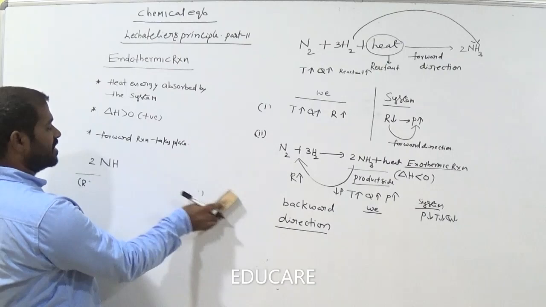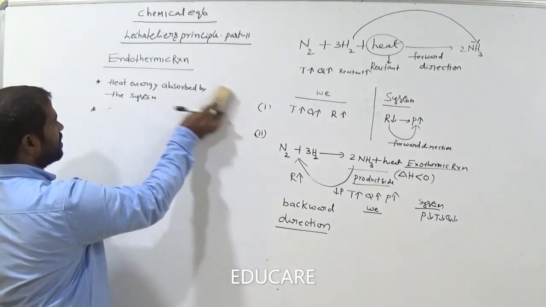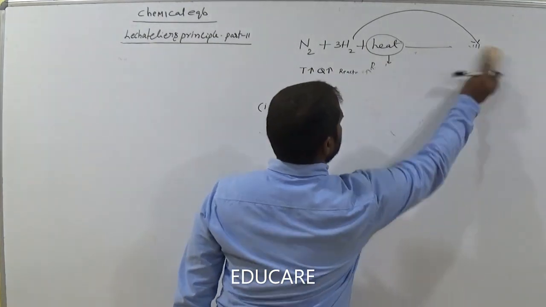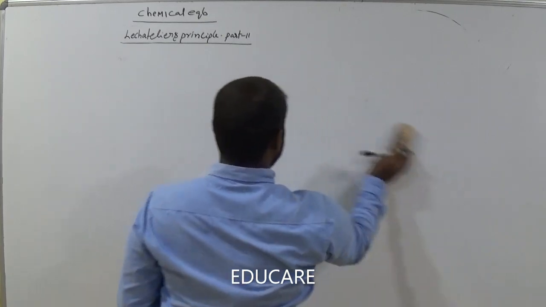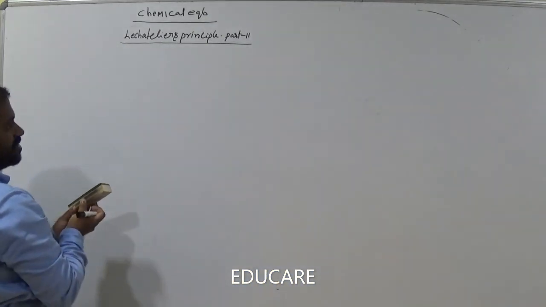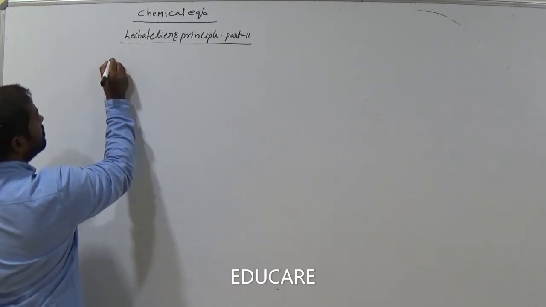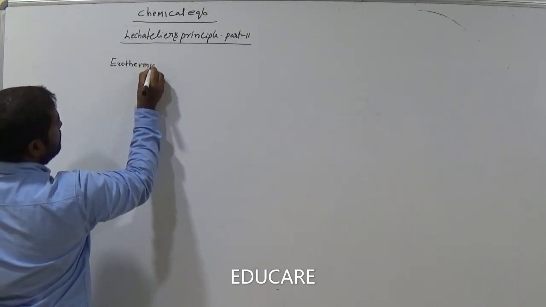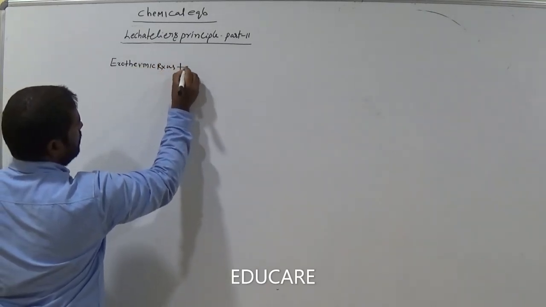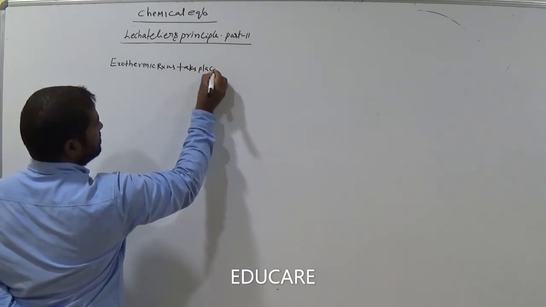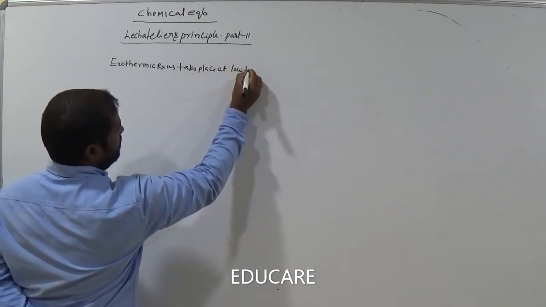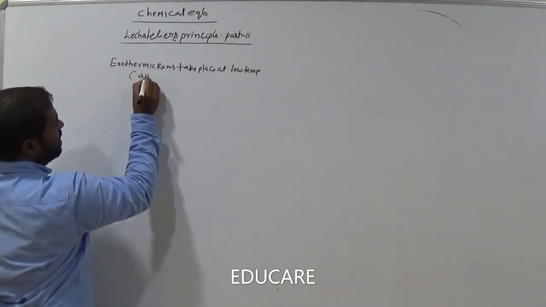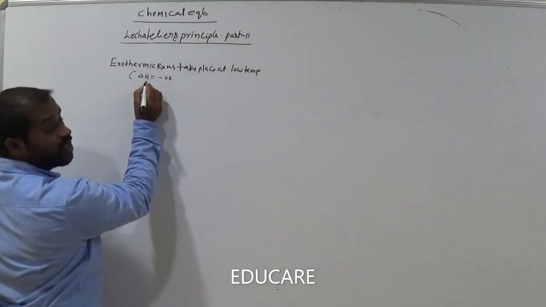In the case of an exothermic reaction, it takes place at low temperature. So generally exothermic reactions take place at low temperature, and here delta H is equal to negative change in enthalpy.